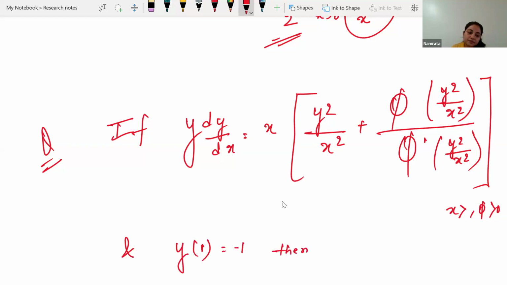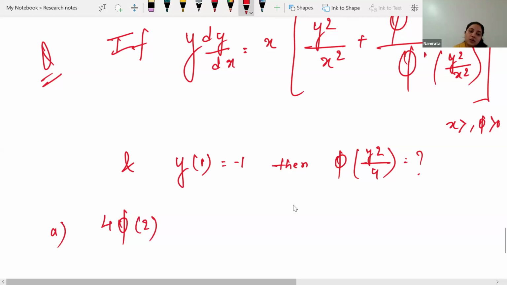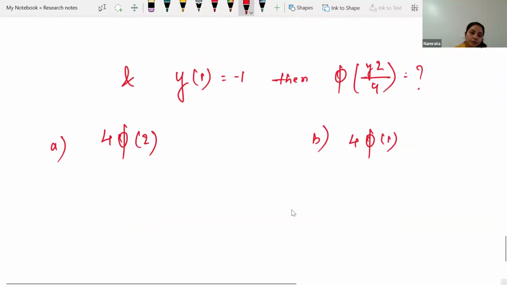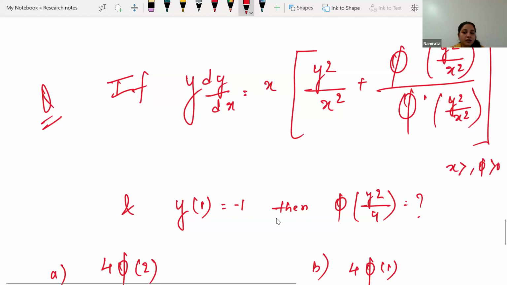Then we have to find phi of y square by 4. The options are: option A, 4 phi 2; option B, 4 phi 1; option C, 2 phi of 1. This is the question. We have to solve this differential equation, use the given condition, and from there find phi of y square by 4. Let's see what can be done over here.